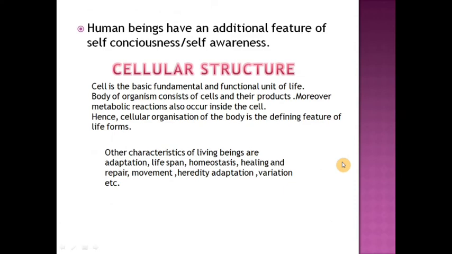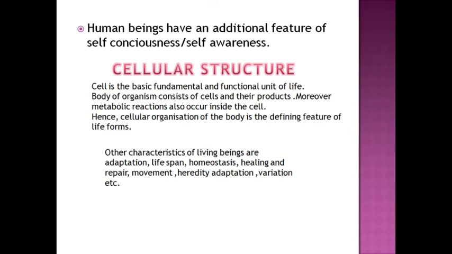Human beings have an additional feature of self-consciousness, self-awareness. He or she is very particular about himself or herself: how am I looking? What will other people think about me? So it is the additional feature of self-consciousness.